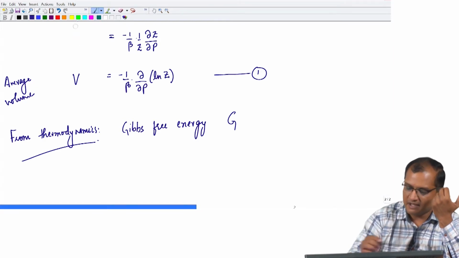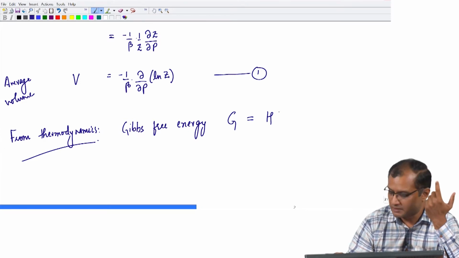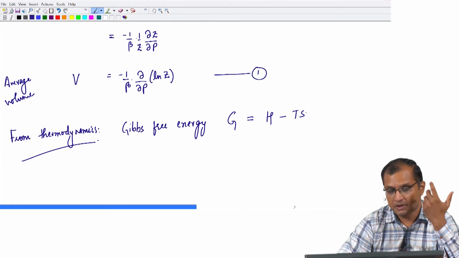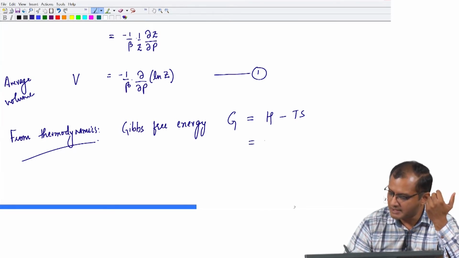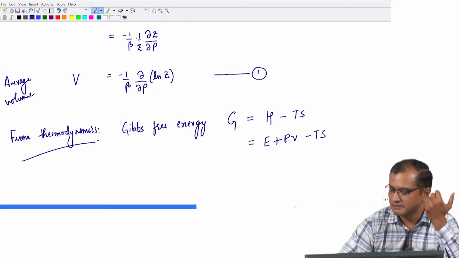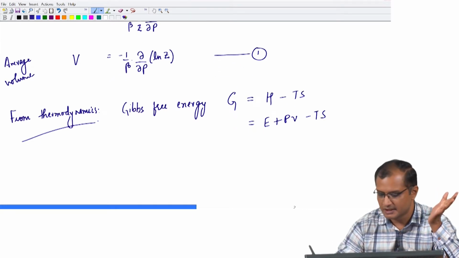That is specified as enthalpy, thermodynamic enthalpy, minus the temperature times entropy. So, I can write this as E plus PV minus TS. These are all thermodynamic quantities, by the way, so they are already averaged, fine.